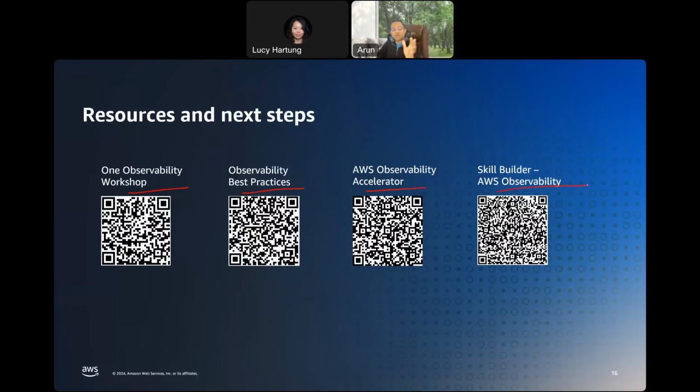You can enroll into our AWS Observability digital training course to build your skills and expertise pertaining to tracing, monitoring, and logging to help you observe and monitor your resources and applications on AWS. And this digital training contains presentations, architecture diagrams, service demonstrations, and whatnot. Please take a look at that.